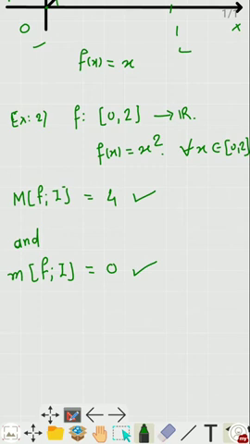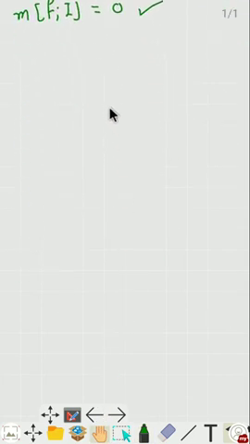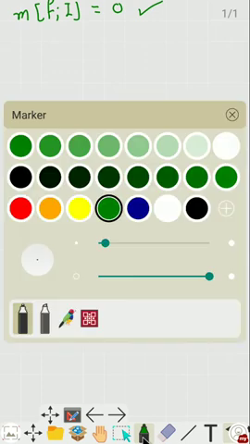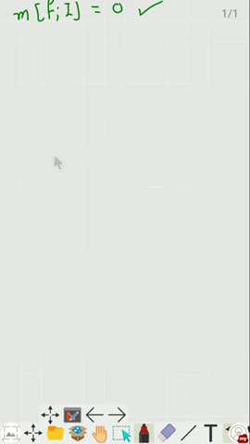Now let us define what is meant by subdivision of the closed interval a comma b. Next is the definition of subdivision. So we write here: subdivision of a closed interval a comma b.